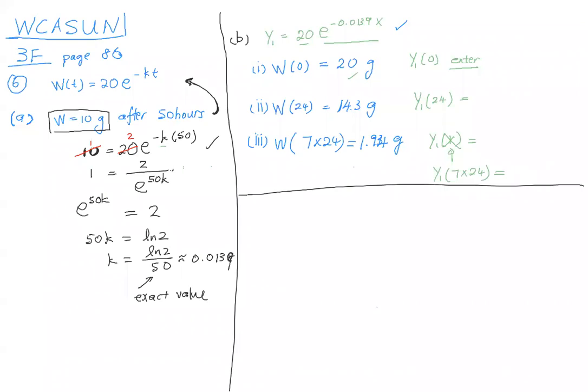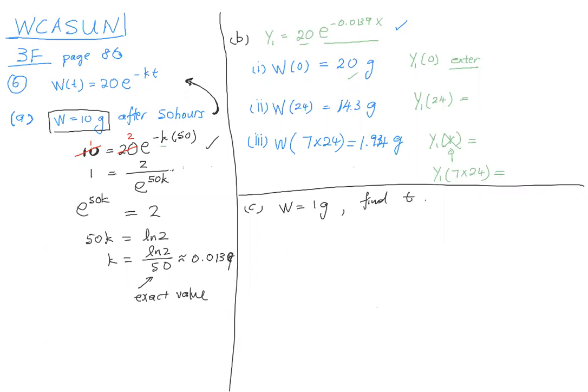Okay, now for part C, how long will it take for the weight to reach 1 gram? So what does that mean? I got the weight, which is 1 gram. So what am I trying to find? I'm trying to find the time, because the question asks for how long.